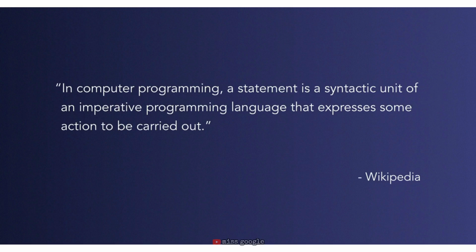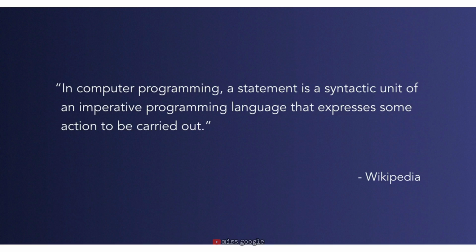Let's begin with a subtle difference, which is nonetheless a key to understanding Kotlin: its preference for expressions instead of statements. To understand why this difference matters, we first need to understand what exactly are statements and expressions in the context of programming languages. Here is the Wikipedia definition of a statement.